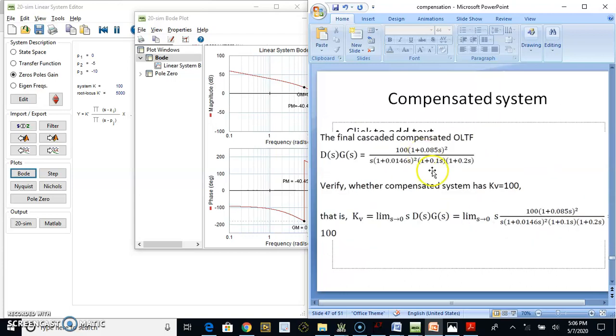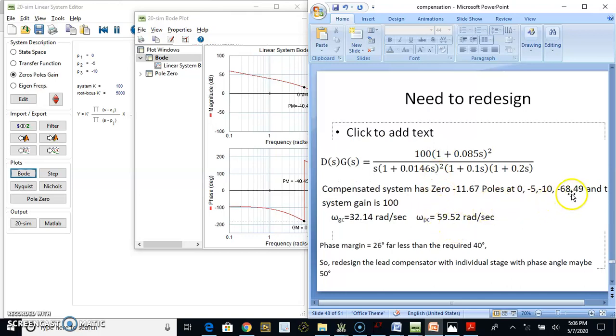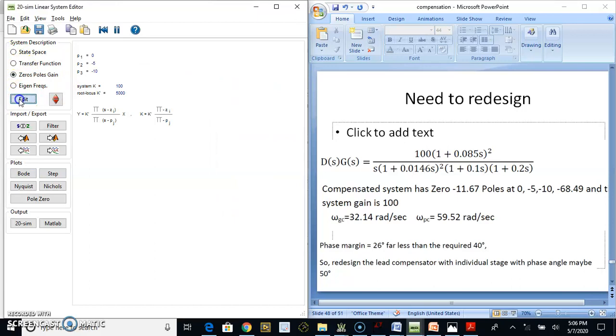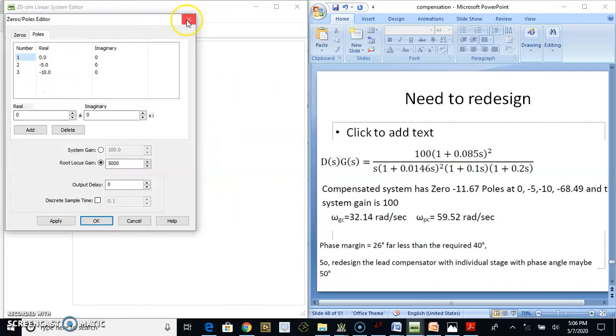So let us go to the 20sim simulator and edit these zeros and poles of the compensator network. So we are now editing. We have at minus 68.49 one pole, and there is one more pole again at the same point, because two compensated systems come in cascade.